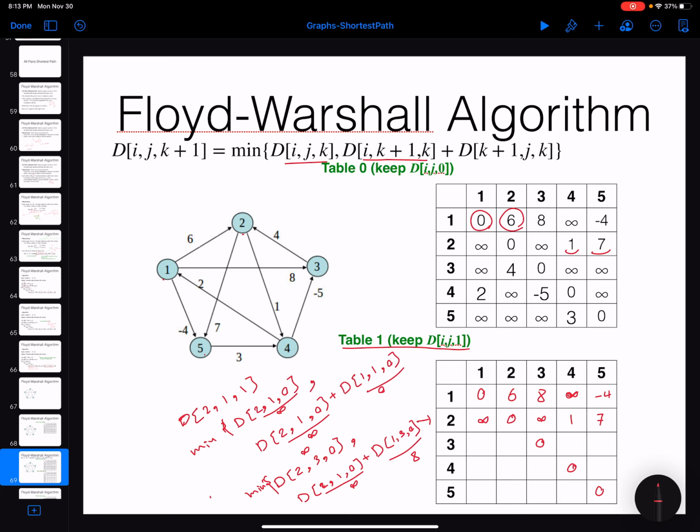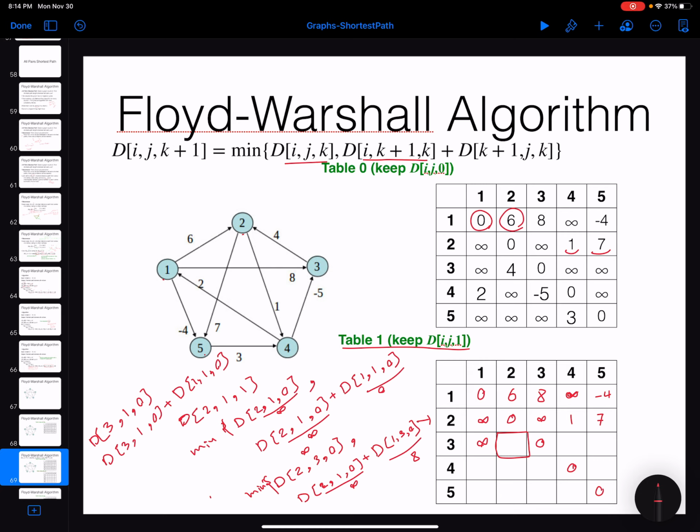The cost of 3 and 1 using no other nodes plus the cost of 1 and 1 using no other nodes, so this one is going to be infinite as well. How about this node? The cost of going from 3 to 2 using the node 1.